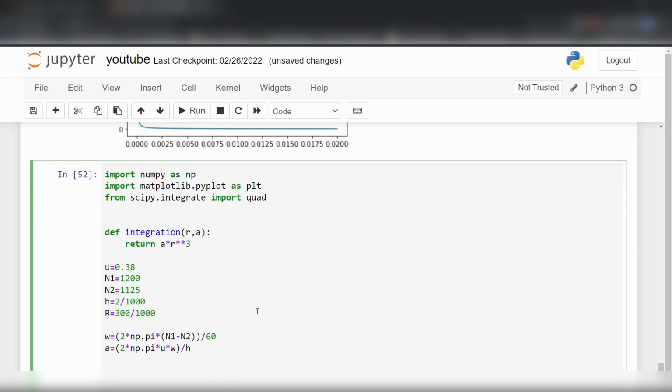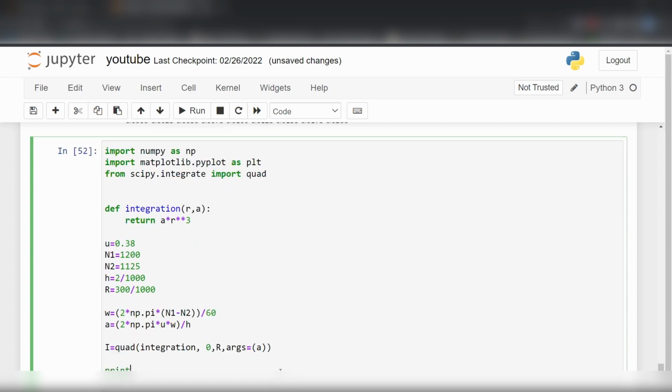Now we will integrate it. I is equal to quad, this is for integration, with the integration function, limits 0 to this r, and args equal to a. So a is this argument.